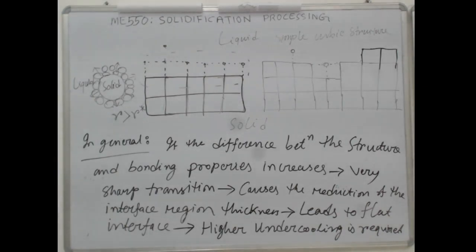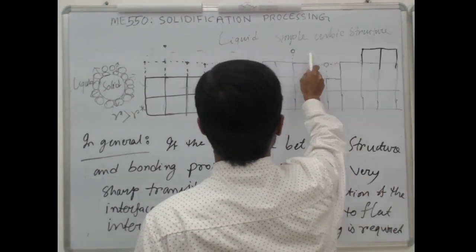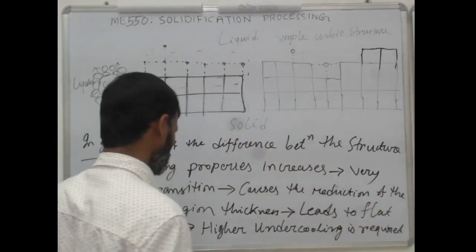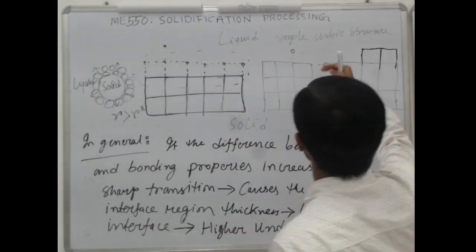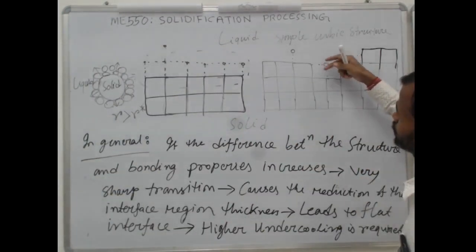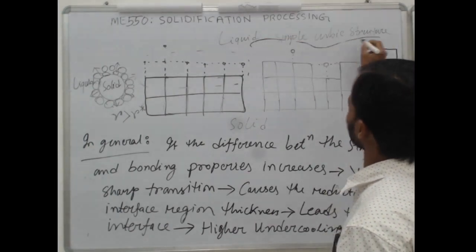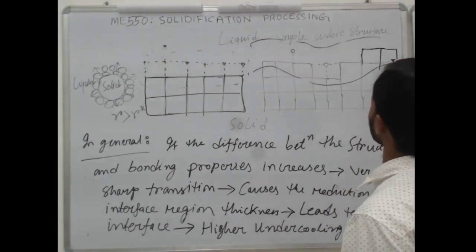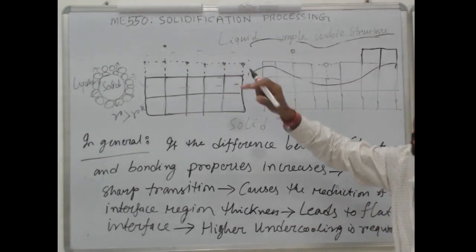But in metals, the structure and bonding in the solid and liquid phase are generally similar. So the transition from liquid to solid phase is very gradual. So the transition region is a little bit wide between the solid and liquid interface, because it is very rough.